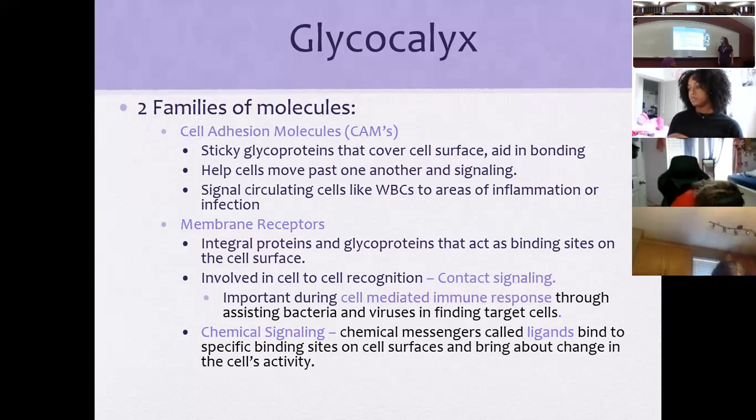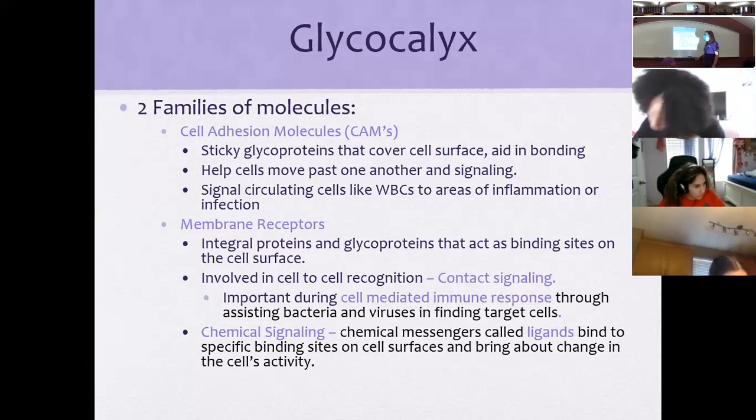This is important during our immune response because we don't want friendly fire. When we have an infection, we want to target the foreign invader. We don't want friendly fire because the more friendly fire we have, the less military we have to help fight that foreign invader. And that's all because of the glycocalyx that we're able to maintain our immune system.